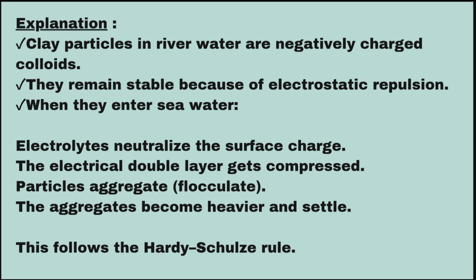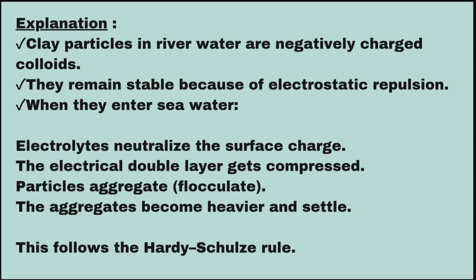So we'll see the explanation. Clay particles in river water are negatively charged colloids. They remain stable because of electrostatic repulsion. When they enter seawater, the electrolytes neutralize the surface charge. Then the electrical double layer gets compressed and the particles aggregate, means flocculate. The aggregates become heavier and settle.